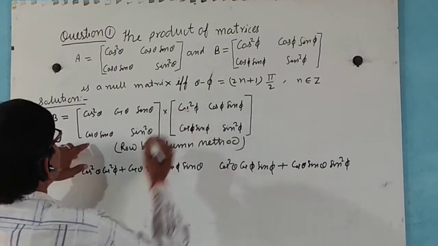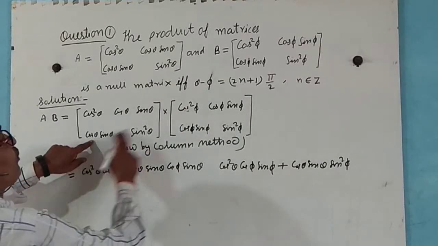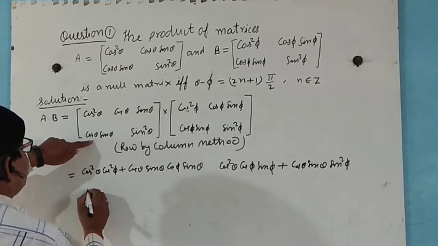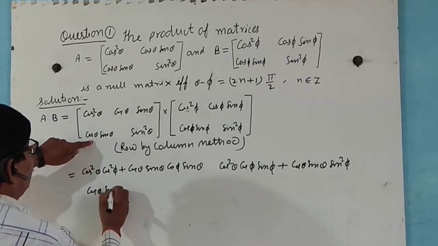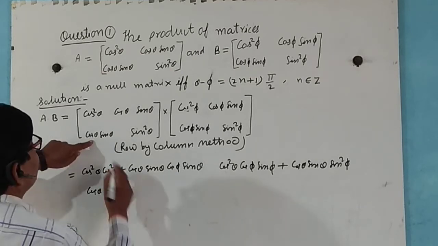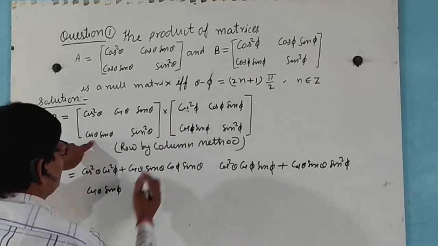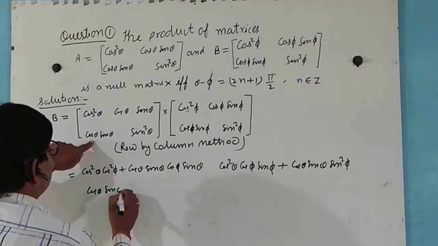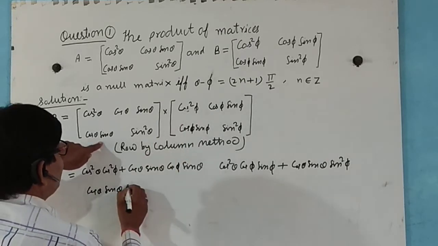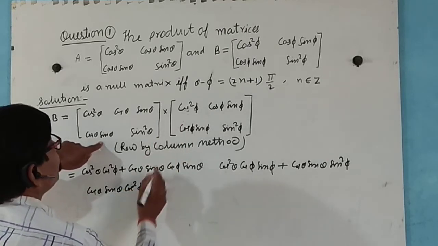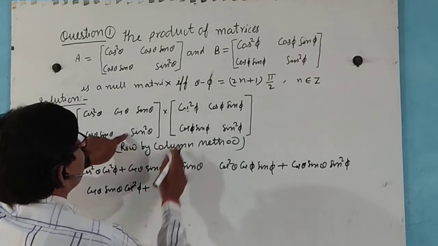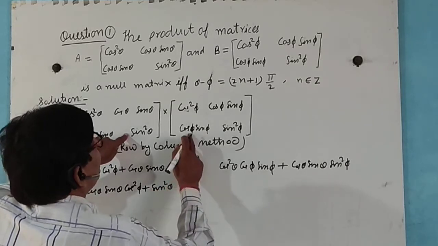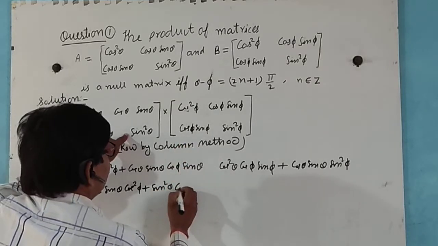Now here, row by column method, the product of this and this: cos theta sin theta into cos square phi plus sin square theta and cos phi sin phi.